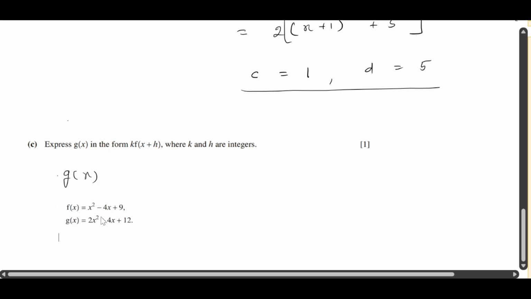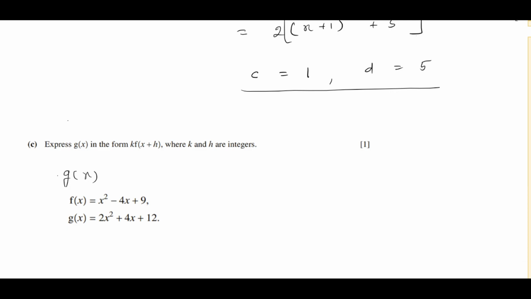Okay, f(x) and g(x) are here. I have to simply express g(x) as k times f(x) plus h. Okay, this is for 1 mark only, but it seems a little difficult. Let me know if you understand how to solve this.